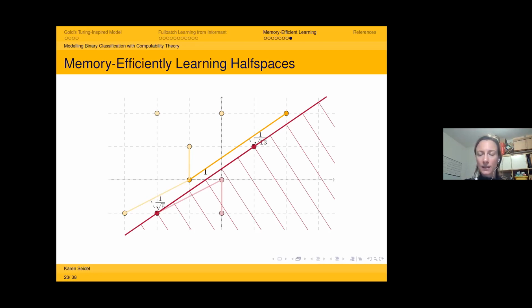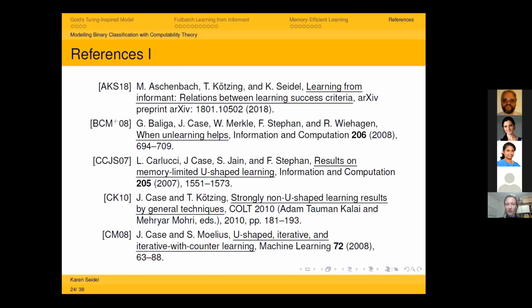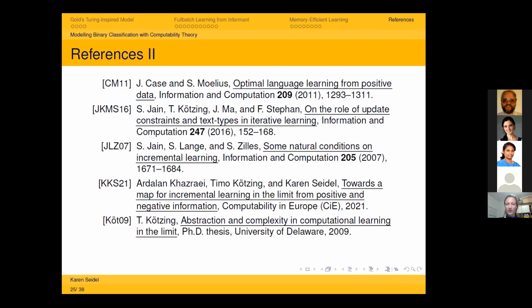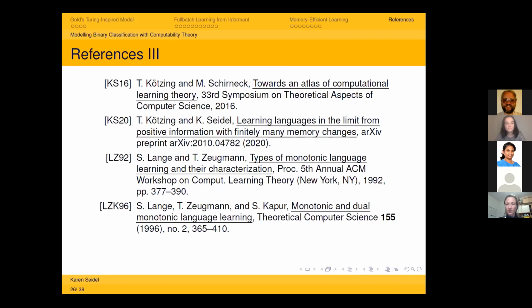What we additionally looked at later on is finding out whether for other memory restricted models of learning, this collection of half spaces is still learnable, and this is also something that we're still working on. And yes, thank you very much for your attention, and I hope that you gain some nice insights.